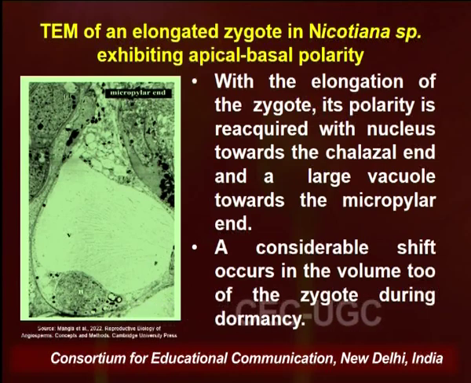Now, as the zygote elongates, its polarity is reacquired, with the nucleus towards the chalazal end and a large vacuole towards the micropylar end. A considerable shift also occurs in the volume of the zygote during the period of dormancy.